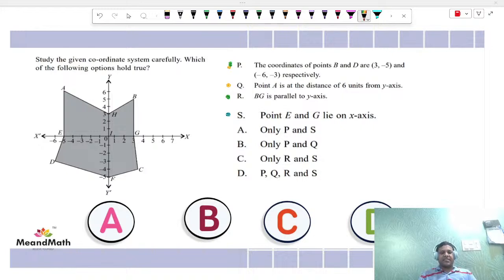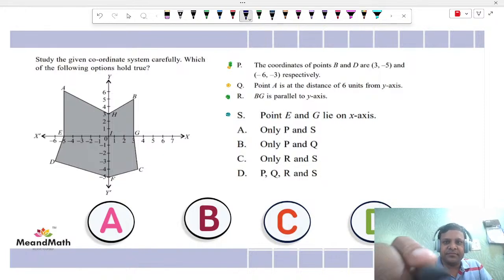I'm waiting for your answer. Point A, point B, point C, point D, point E, F, G, H, and point I. The question is about all the points. What is the coordinate of point A?